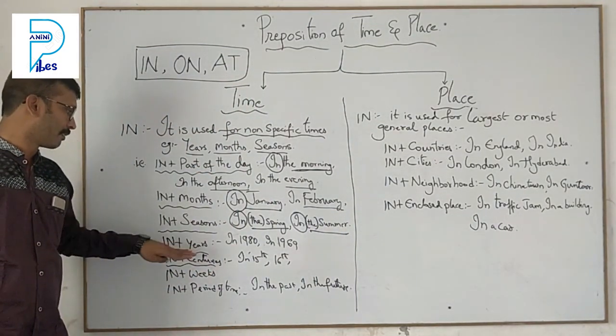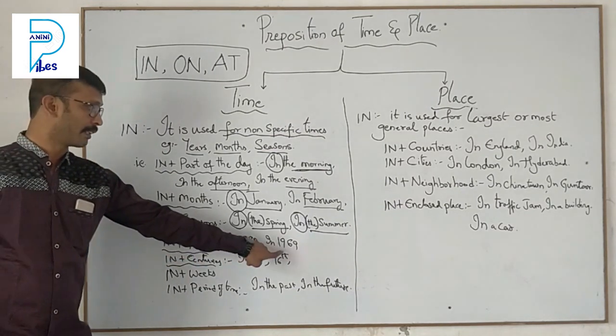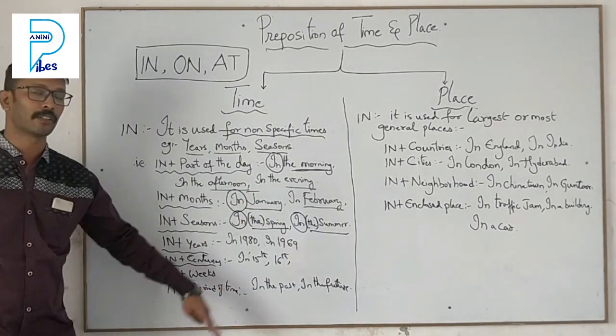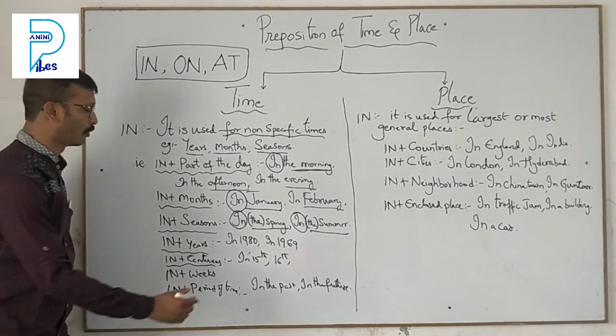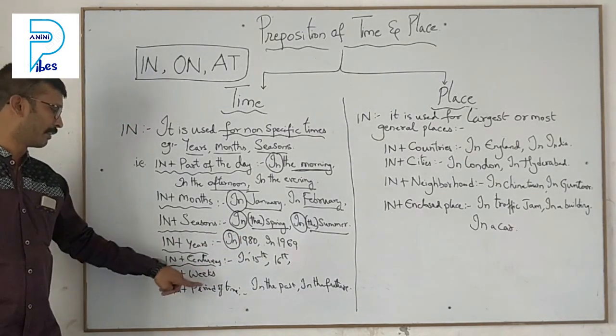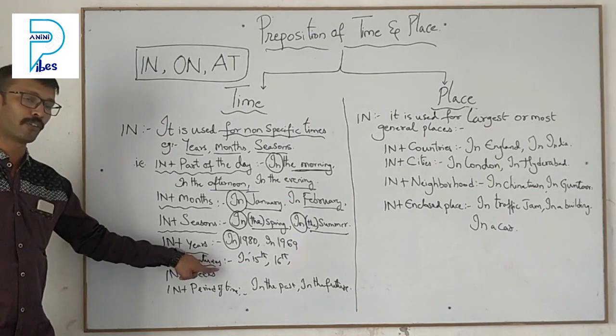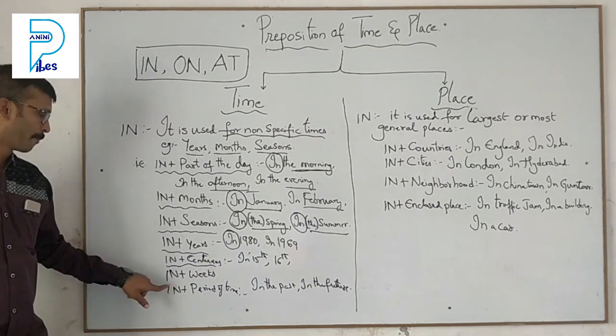In plus seasons, finished. In plus years: in the 1980s, in the 1960s. Mostly in history we use years, so we use in as a preposition of time for mentioning the years. In the same way, in plus centuries, like in the 15th century, in the 16th century.